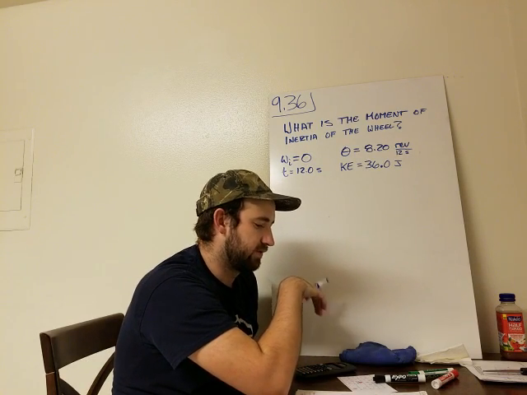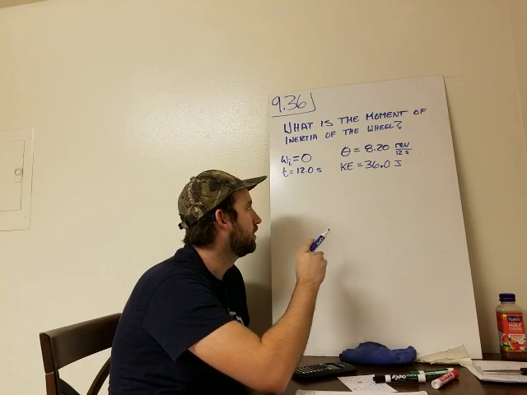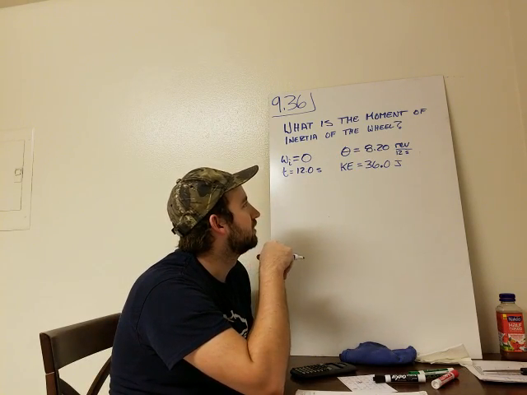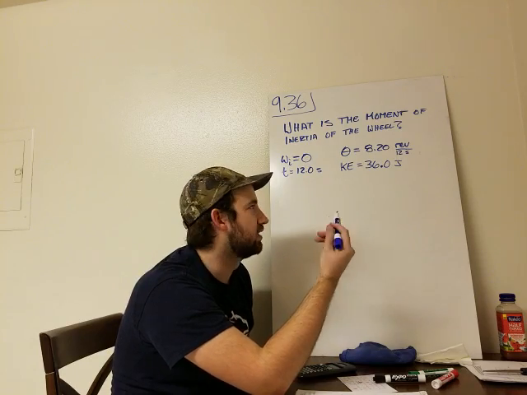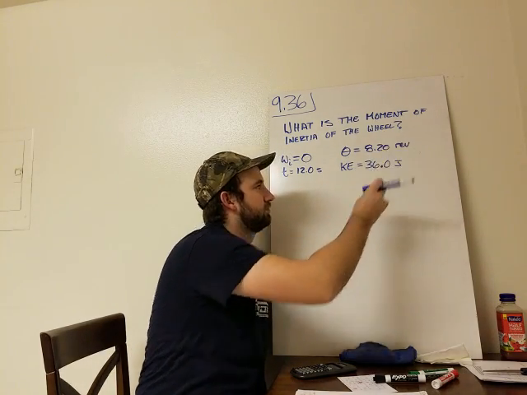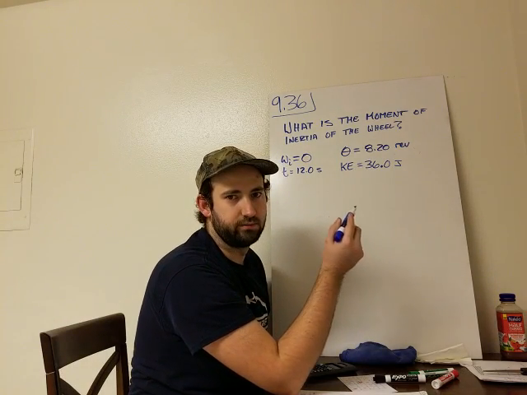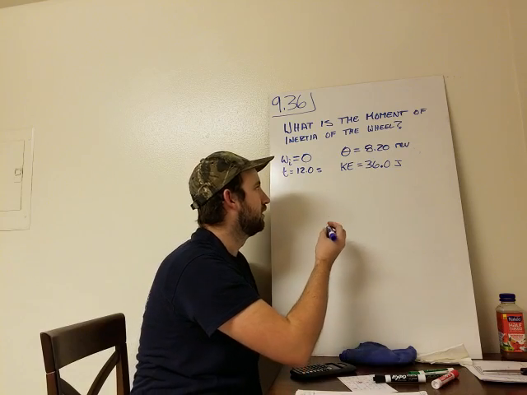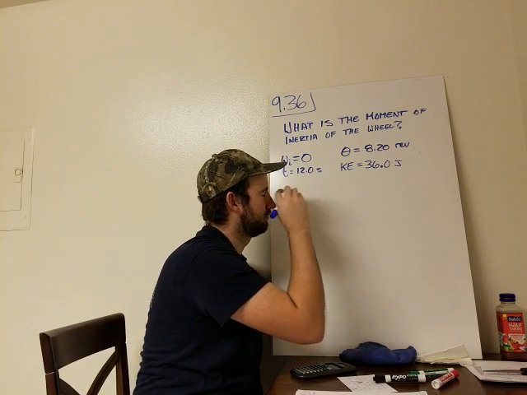But first of all, let's convert this angular displacement into radians, since revolutions really aren't much use to us without converting. So we'll do that first just to get it out of the way.